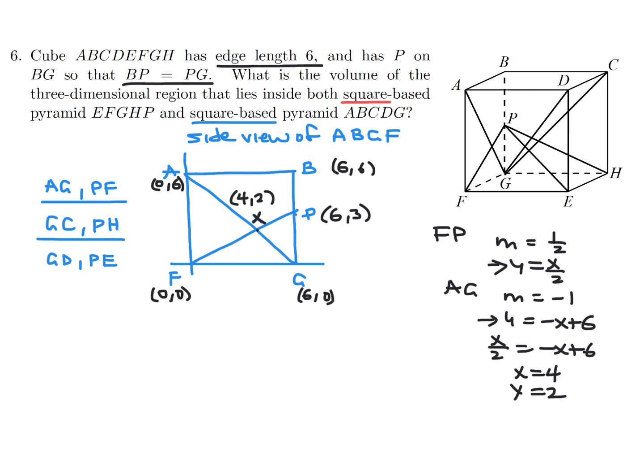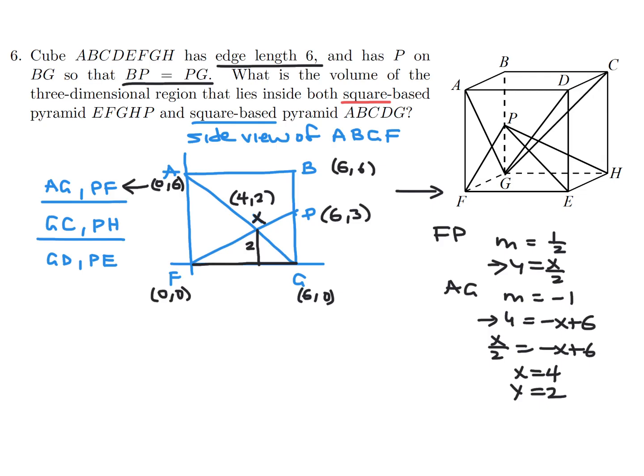So that means the height is 2 from the base, the absolute base of that cube, to X, which is the intersection point of AG and PF. This is the intersection of those two lines.